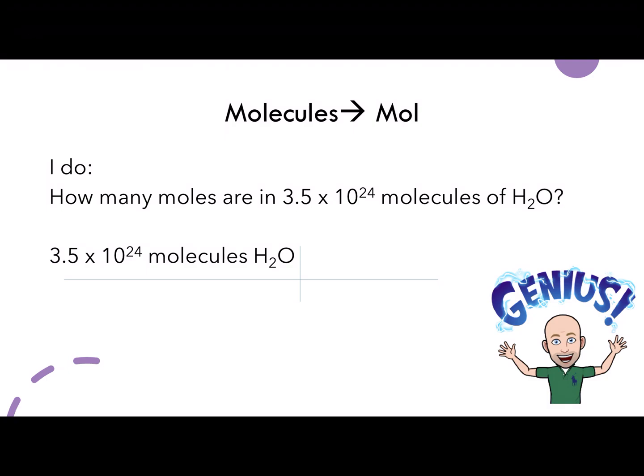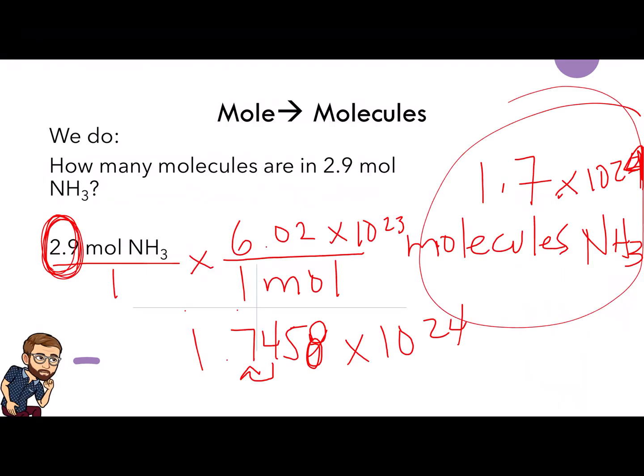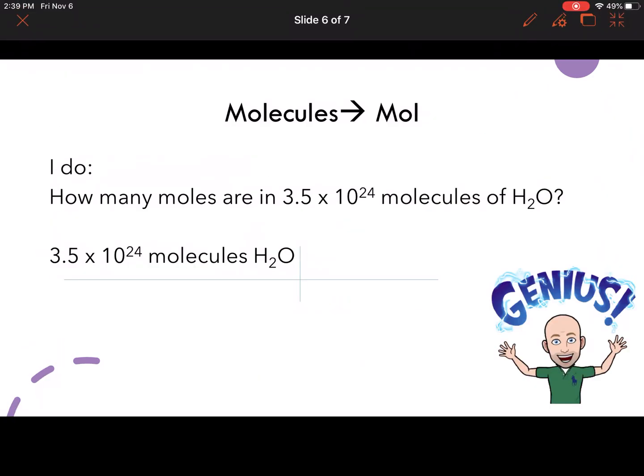How many moles are in 3.5 times 10 to the 24th molecules of water, H2O? So I'm going to start with my given quantity, 3.5 times 10 to the 24th molecules of water. And I want to know how many moles.